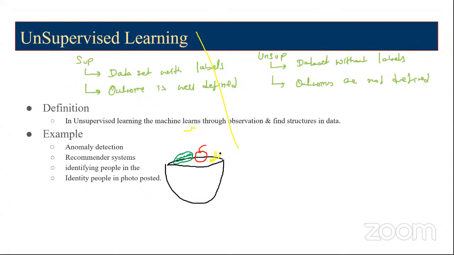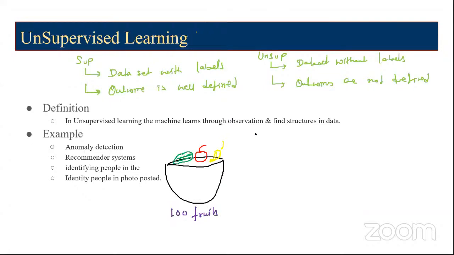Say these are the different fruits which are available in your basket. Now say in this basket we have 100 fruits.